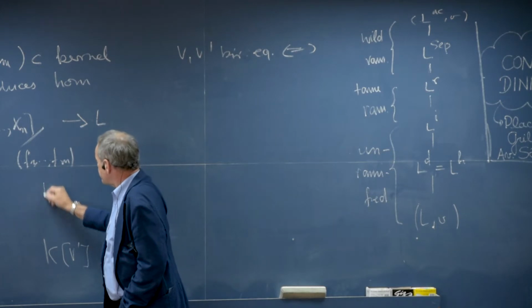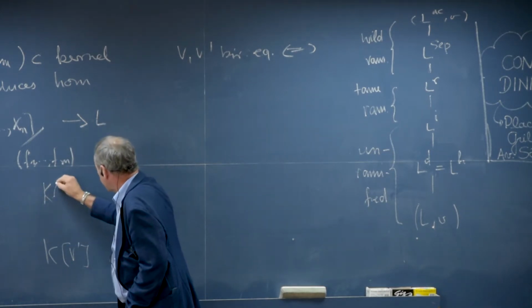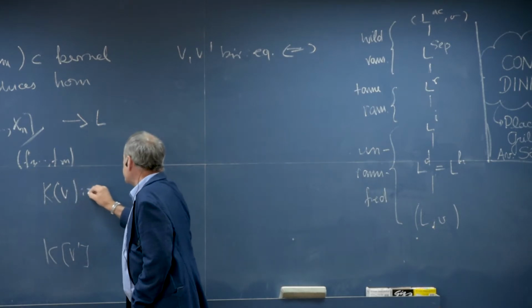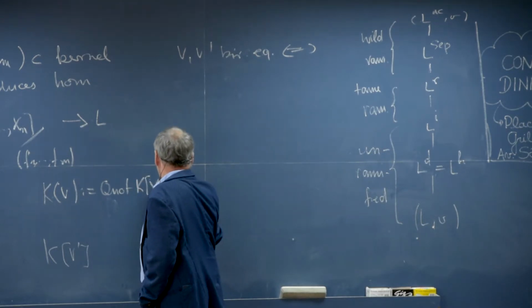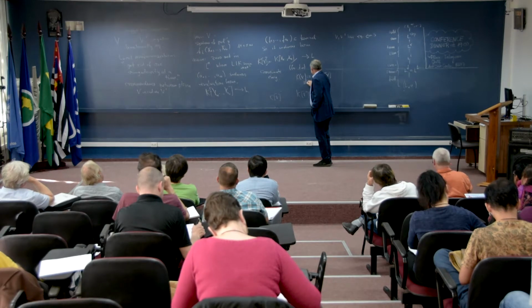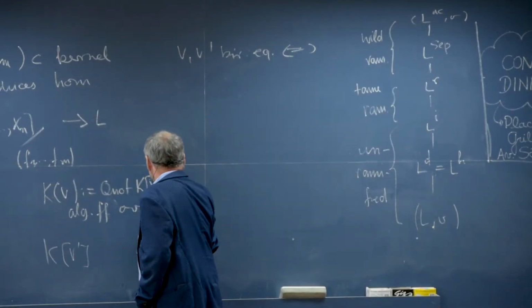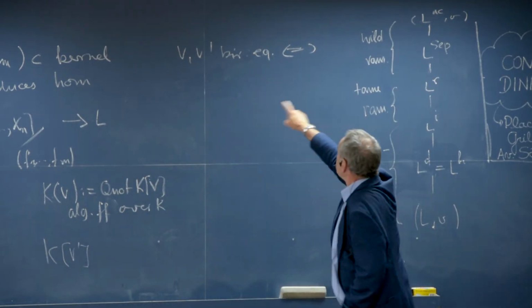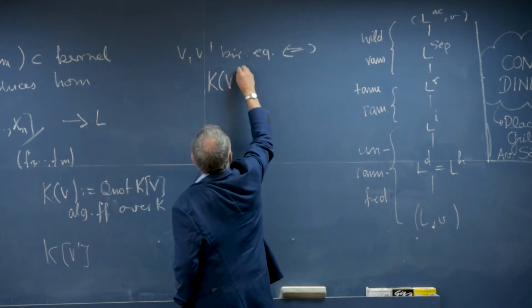So we say that K(V), my God, is the quotient field of my coordinate ring, and this is an algebraic function field over K. Okay, and that these are birationally equivalent means that their function fields are actually the same.